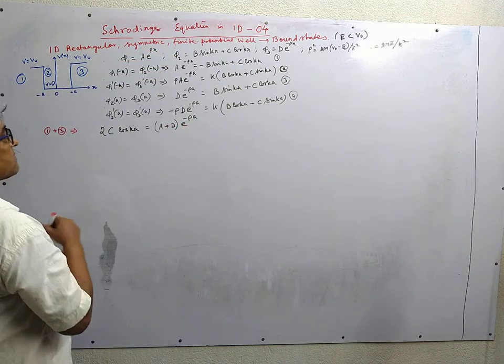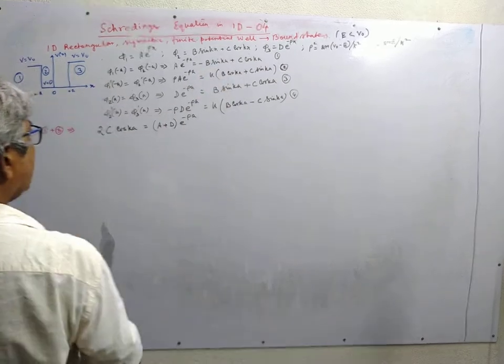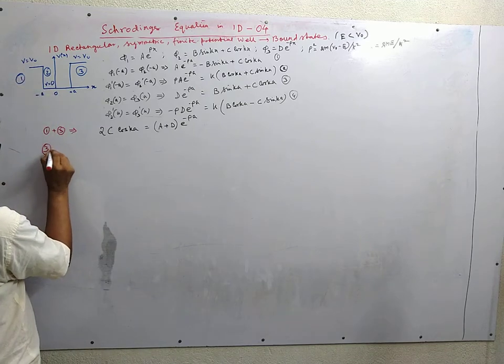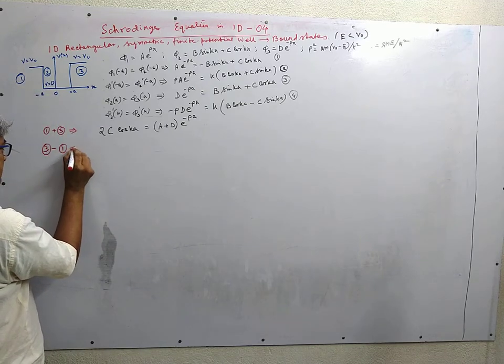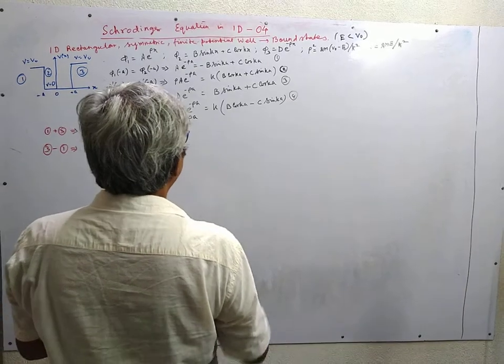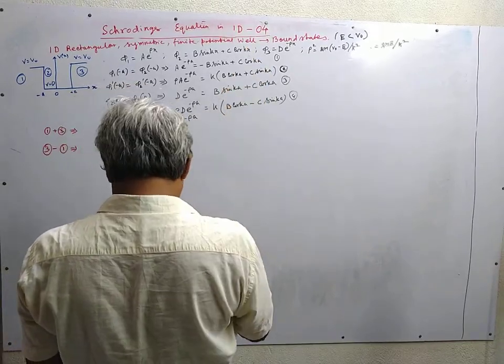We then subtract 1 from 3, so this is 3 minus 1. This term will be cancelled and this will appear with weightage 2.